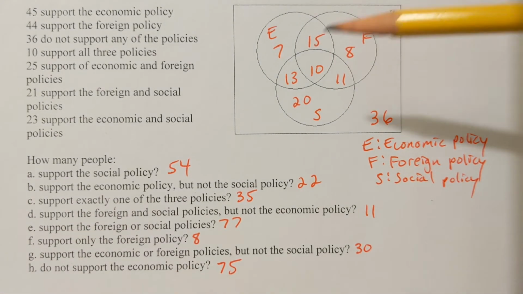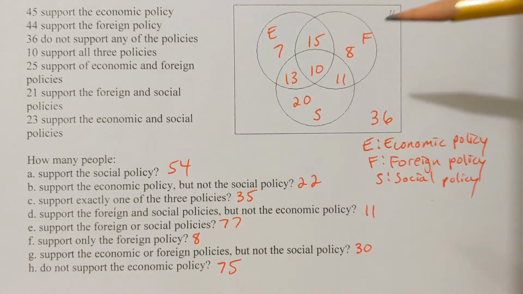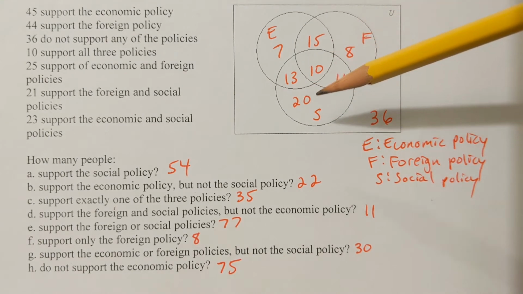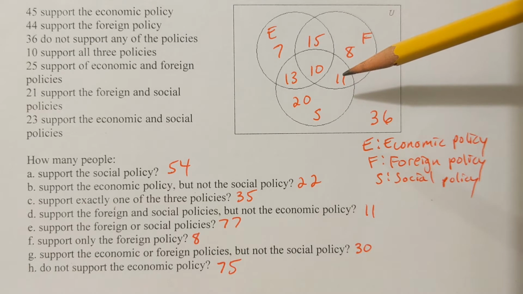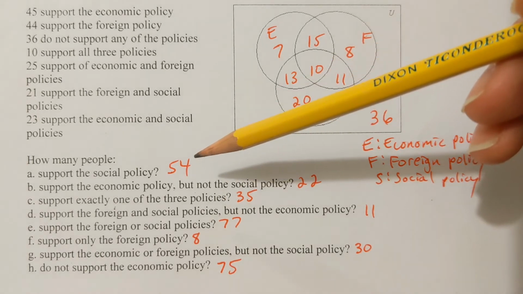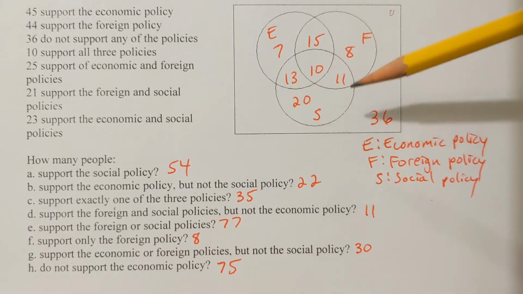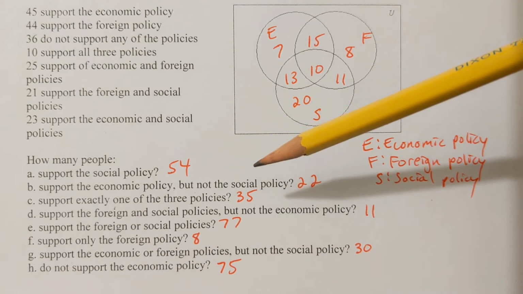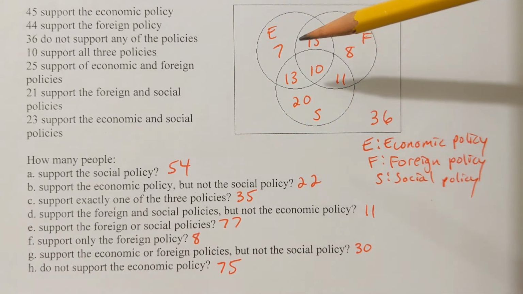How many people support the social policy? All of circle S: 20 plus 11 is 31, plus 10 is 41, plus 13 is 54 people support the social policy. How many support the economic policy but not the social policy?